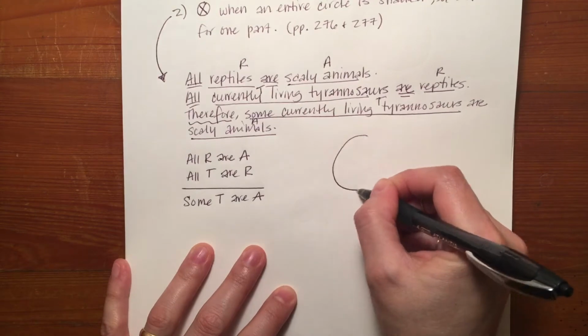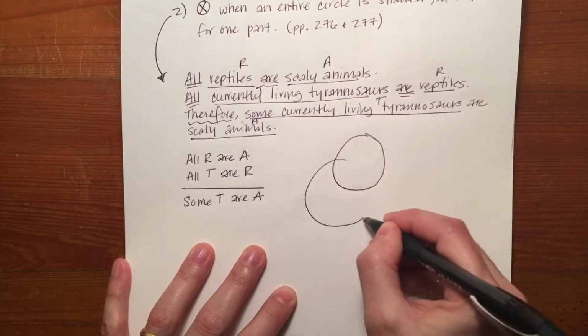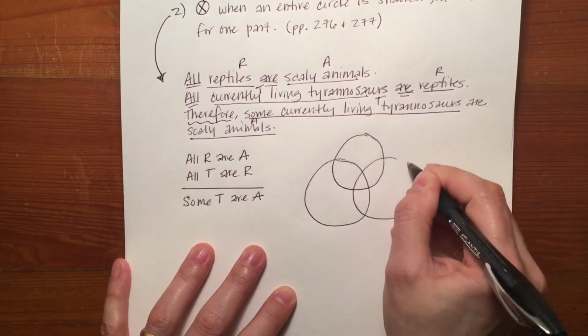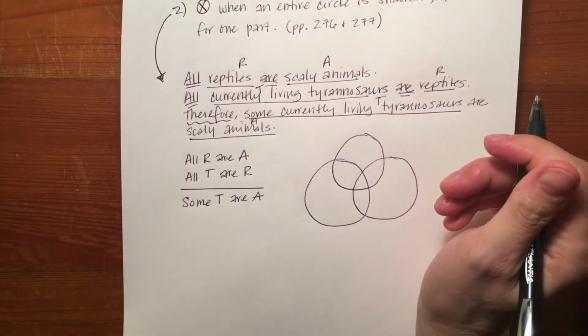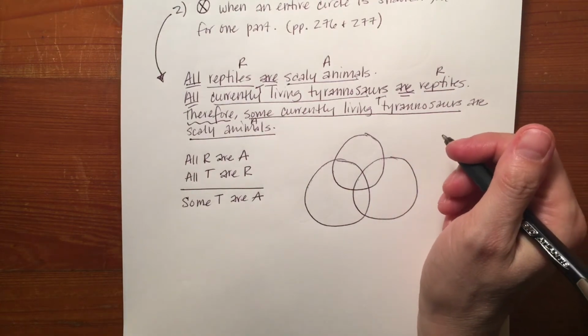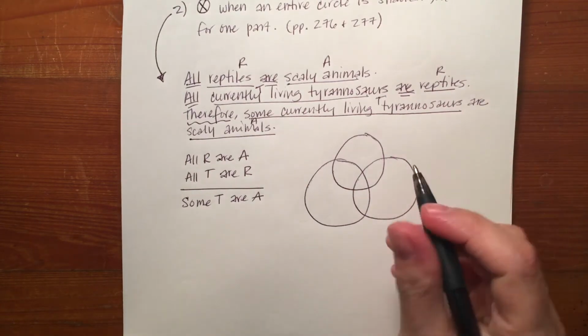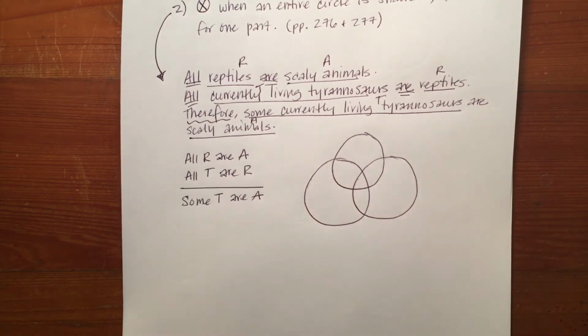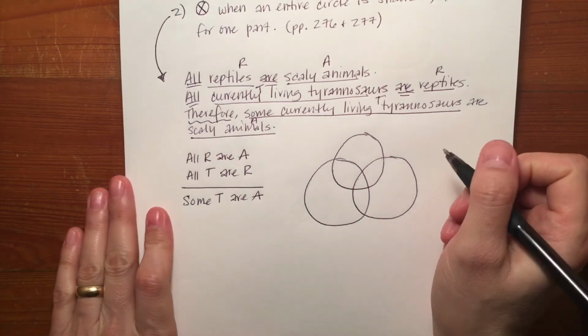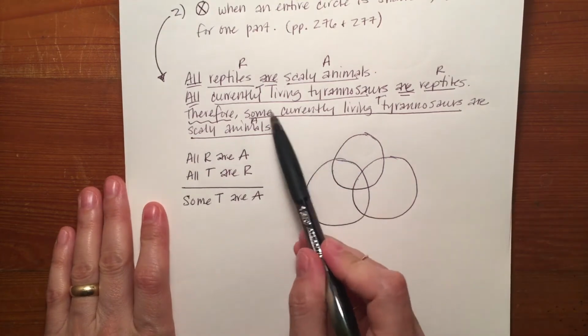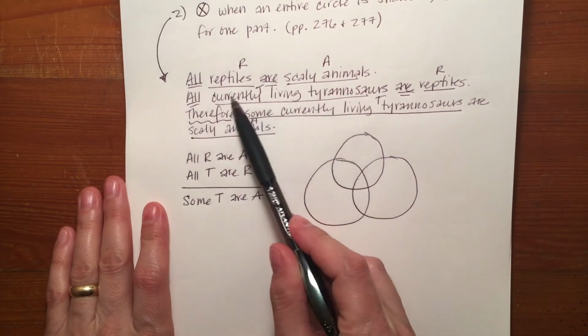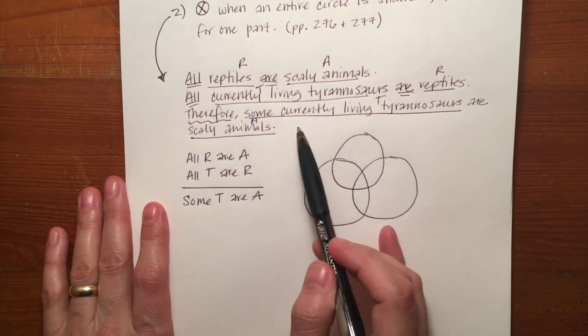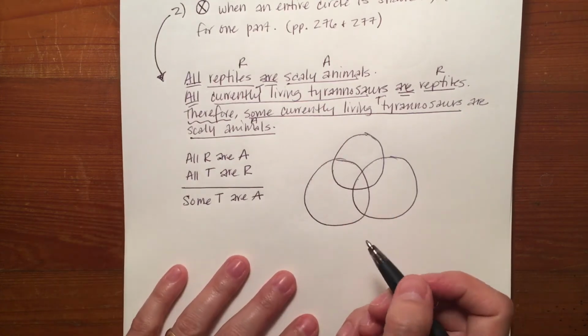We notice some indications that we're dealing with an Aristotelian Venn diagram. One, you've got two universal premises, because you'll always need an entire circle that's shaded except for one area in a Venn diagram that's Aristotelian. And two, you see some term like currently living tyrannosaur that doesn't exist or has empty extension.